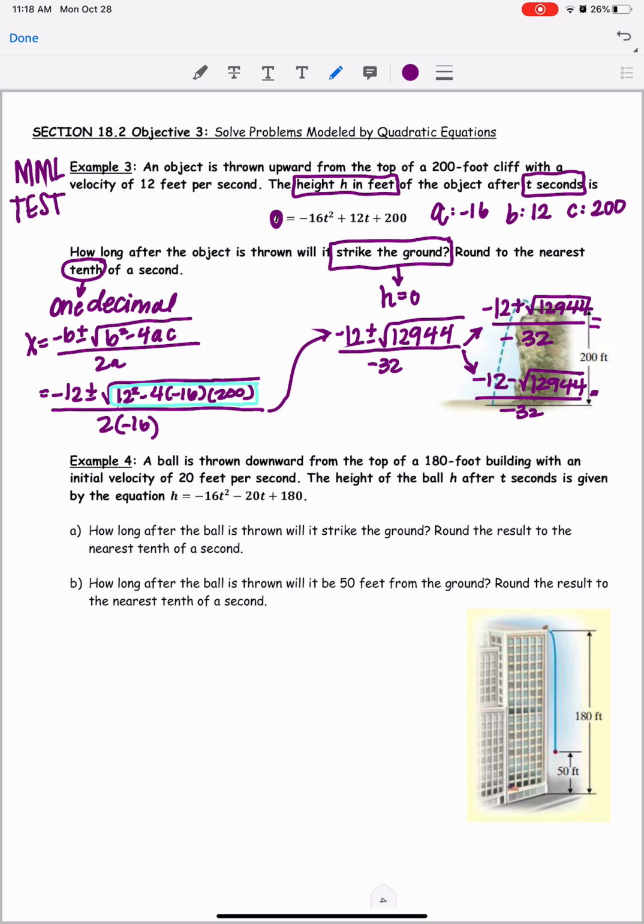Okay, so put this in your calculator. So negative 12 plus the square root of 12,944. You should get 101.77 and some junk. Okay. Keep that in your calculator. We're not hitting clear. Keep it in your calculator. Don't round. Just hit divide by negative 32. And we get negative 3.2 since we're rounding.